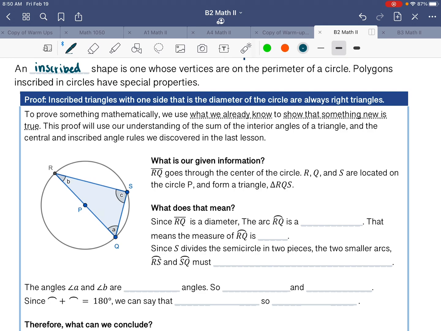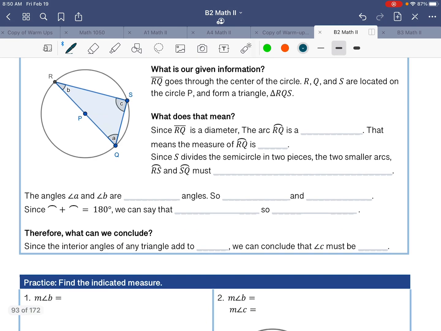In this proof, we're going to use our understanding of the sum of the interior angles of a triangle and the central and inscribed angle rules we discovered in the last lesson. Interior angle sum of a triangle, which is 180 degrees, and the central and inscribed angle rules we learned. Those are the couple of facts that we're going to use.